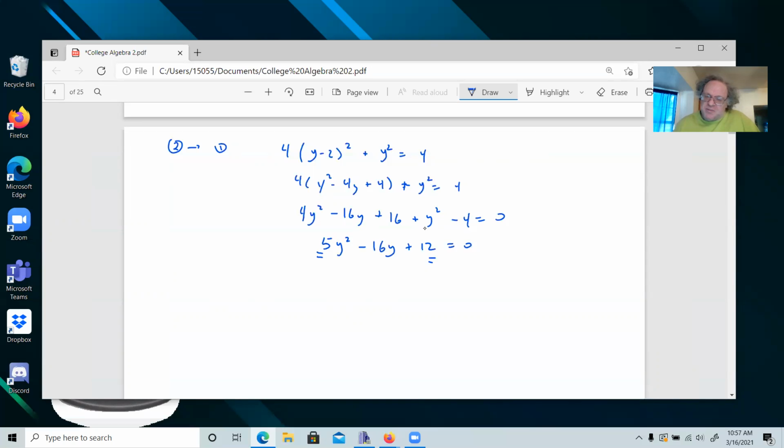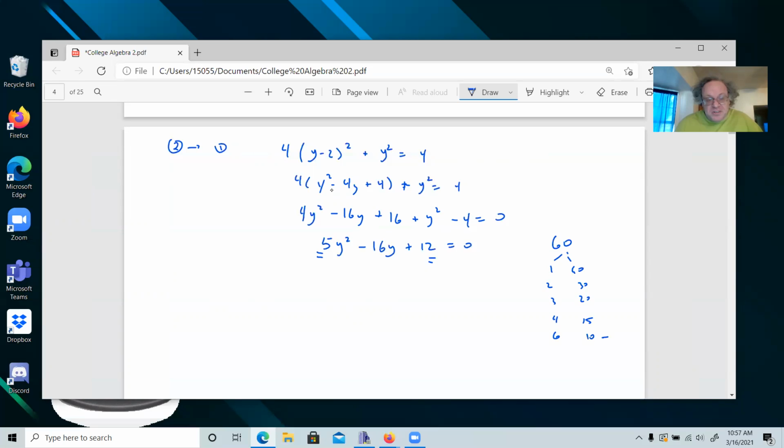So we're going to take 5 times 12 and get 60. And then we're going to look for factors of 60 that add up to 16. It's 1 and 60, 2 and 30, 3 and 20. So far, none of those are adding up to 16. 4 and 15, and 6 and 10. Oh, there it is.